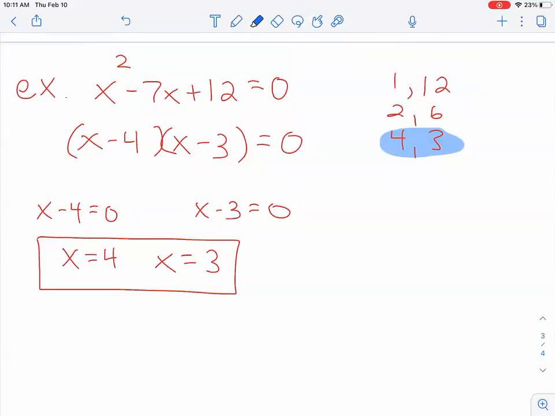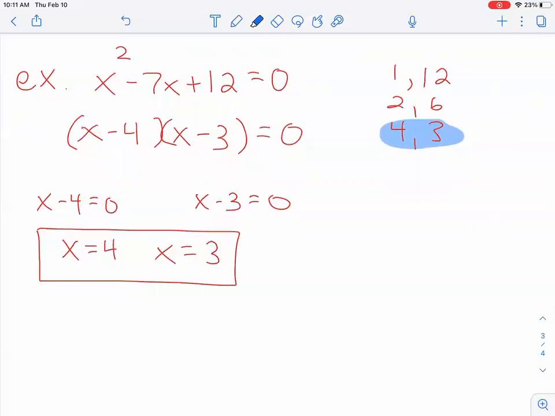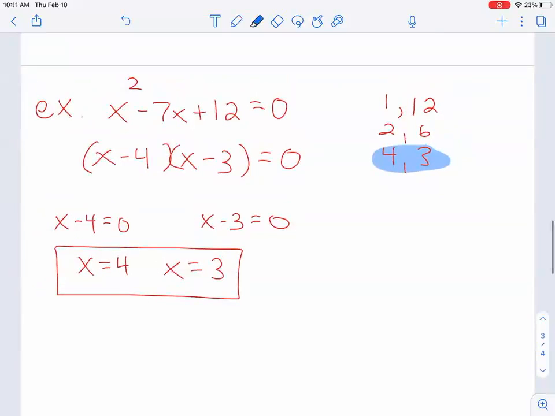Okay, I kind of said the zero product property quickly. The reason we set this equal to 0 is because if I plug a 4 in for x, 4 minus 4 is 0, of course. And so if that's 0, 0 times anything will be 0.